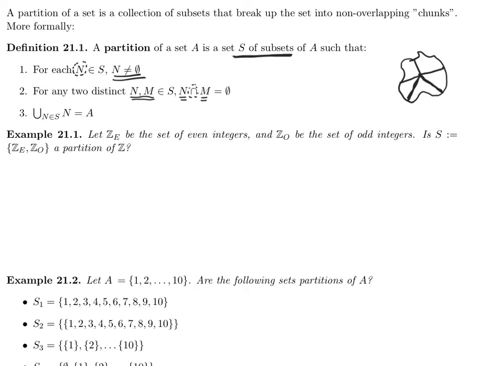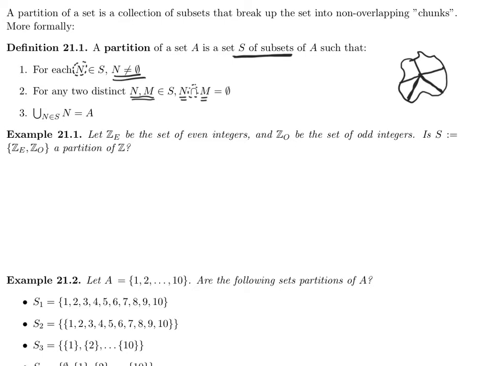And the third condition is that if you take the union of these over all sets in our partition, you get everything. So that's basically saying that every element of your set A is in one of these chunks.